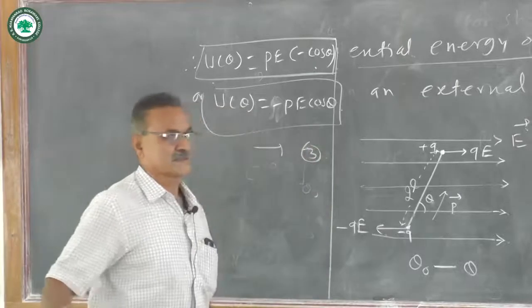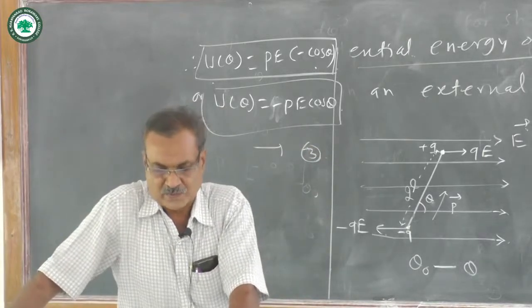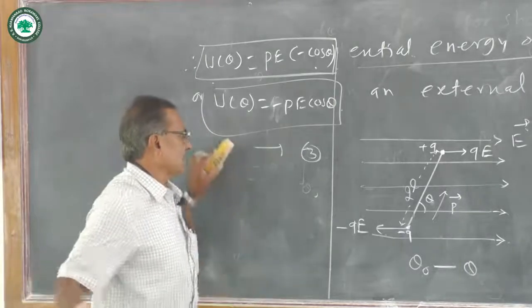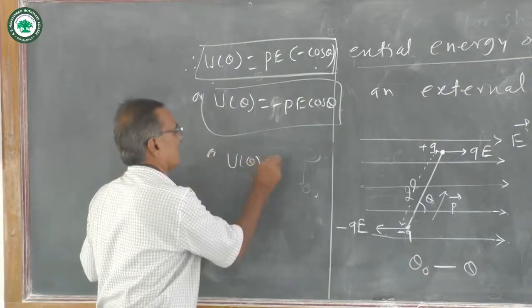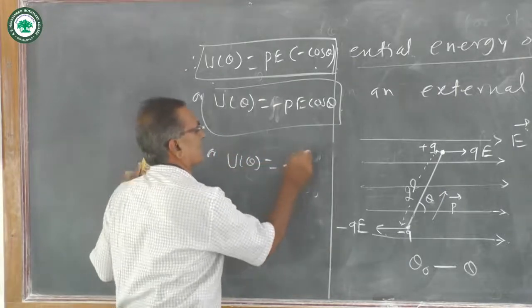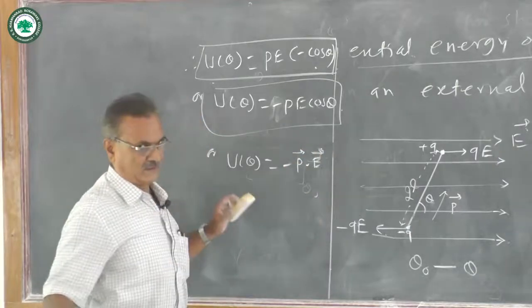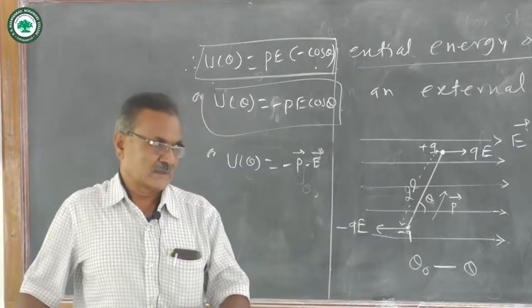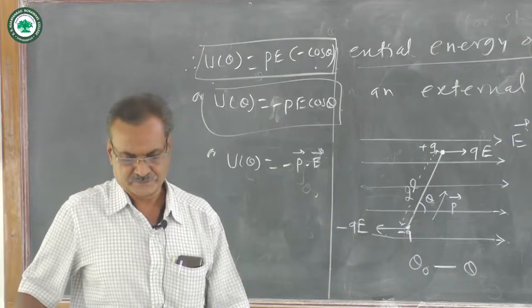In this case potential energy is minus PE cos theta, or in another way, U of theta is equal to minus P dot E vectors, that is the dot product, also called the scalar product of two vectors.